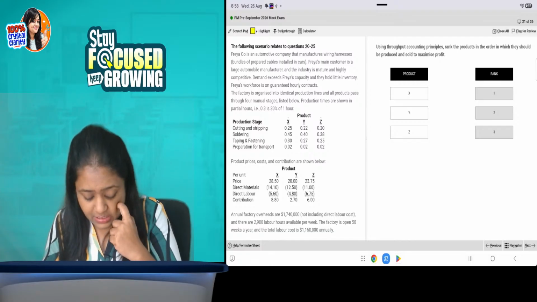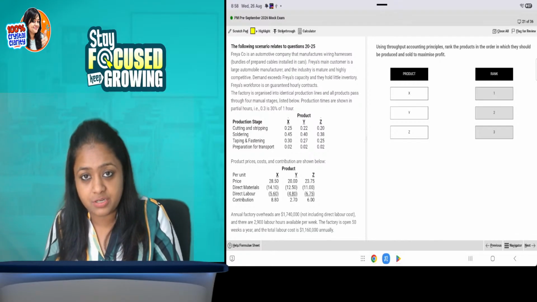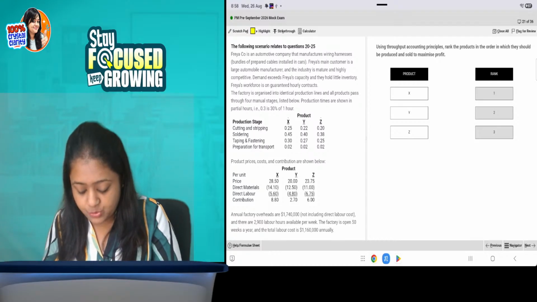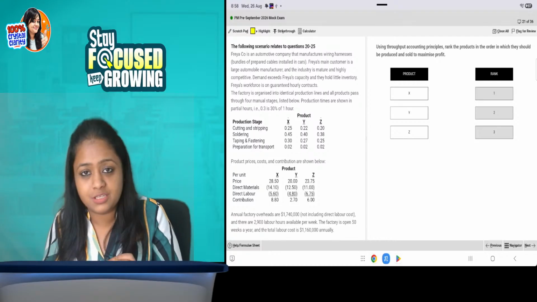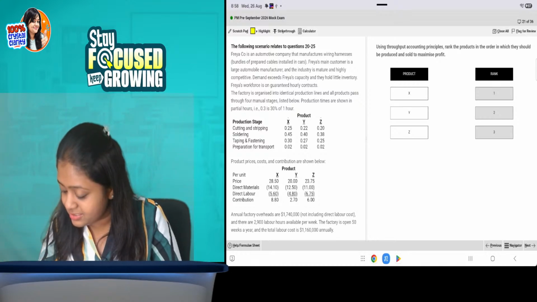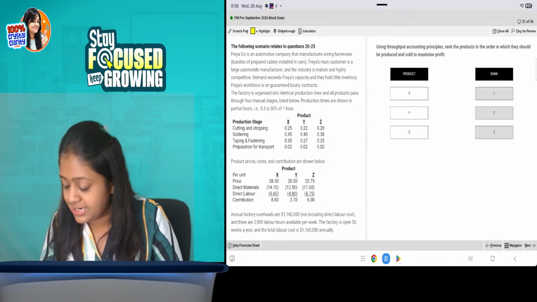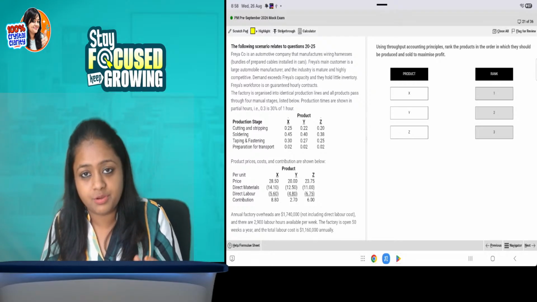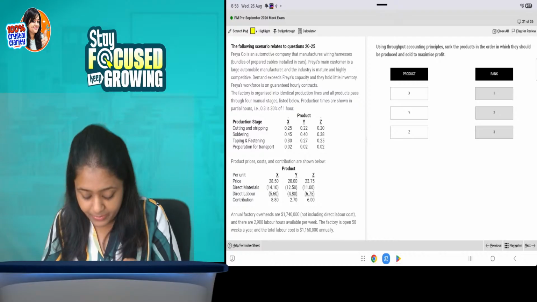So the cutting and stripping is requiring 25 plus 22 plus 20, that is 0.25 plus 0.22 plus 0.20, so that is 0.67 hours, 0.67 multiplied with 1 hour they require.